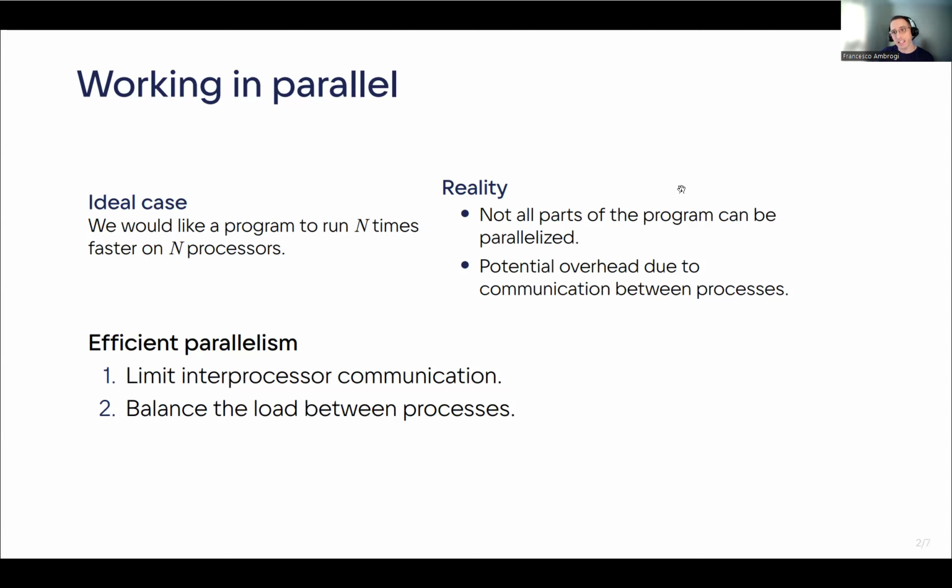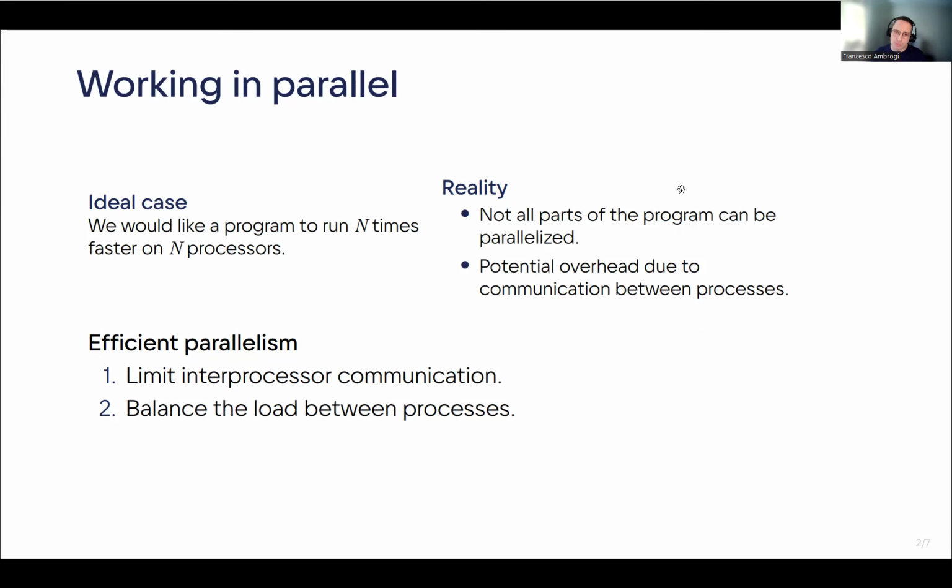Now, in the ideal case, if our program is running on n processors, then this program will run n times faster. Now, the problem is that reality is not like that. The problem arises because not all parts of the program can be parallelized, and this is something that you will learn throughout this lecture.